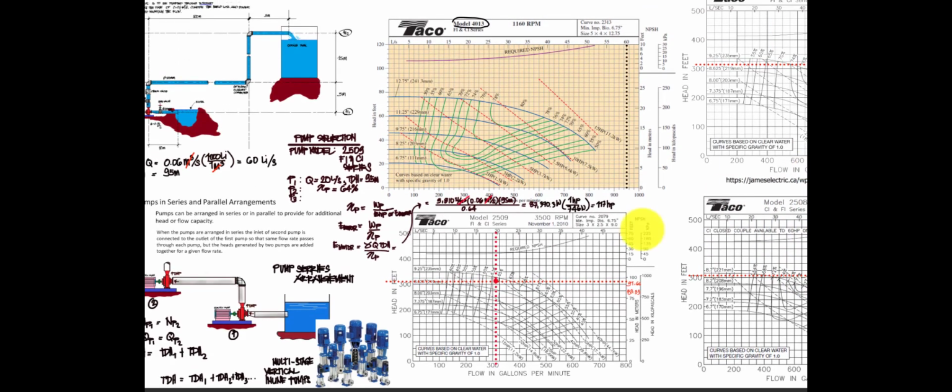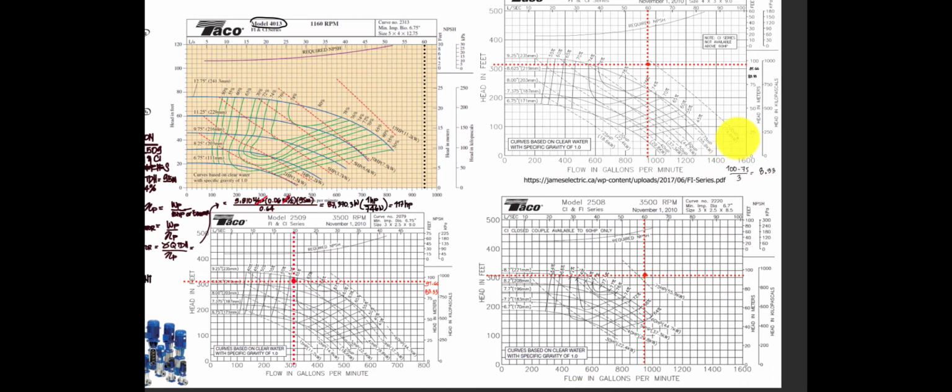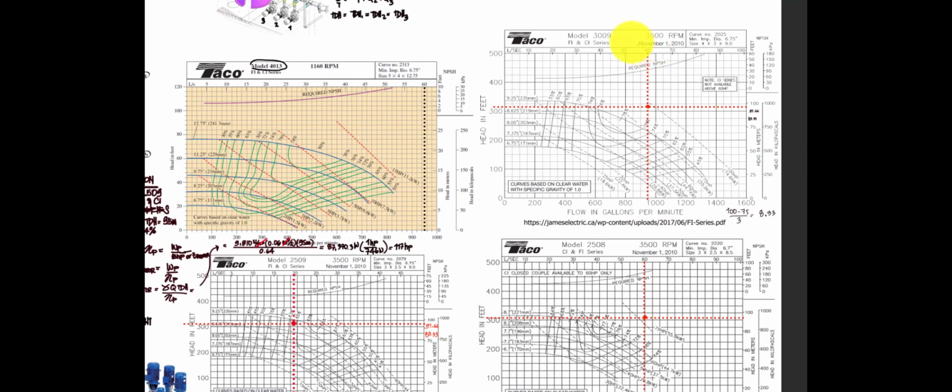Also, by referring to this pump characteristic curve, as we tried earlier, you will notice that the total dynamic head for this series, model 309, falls near the 100 horsepower. If you continue the curve of this pump, it already falls at a horsepower of 100 plus. So I think we are on the right path.